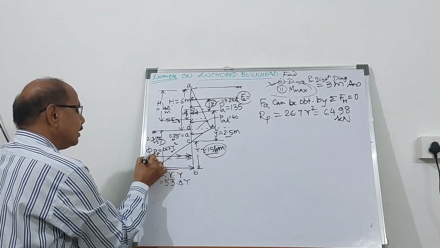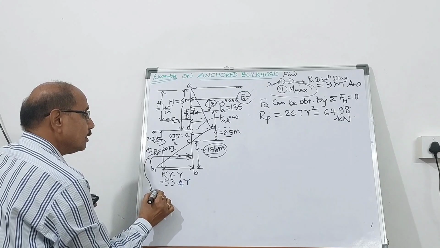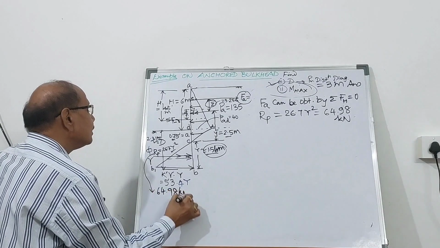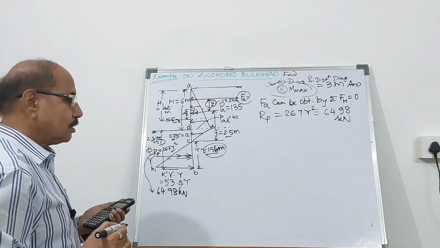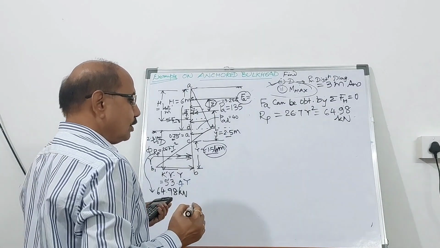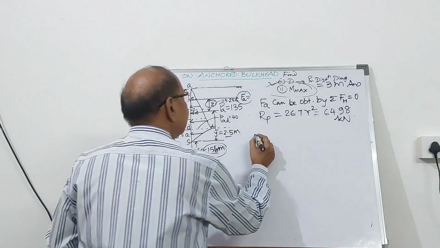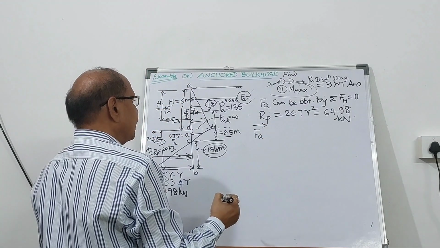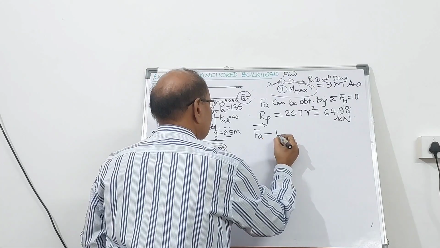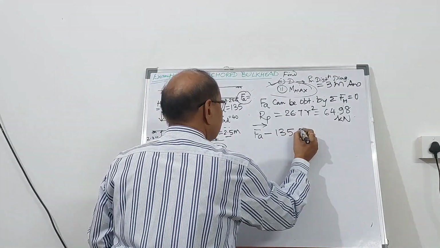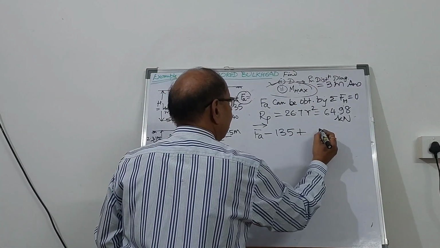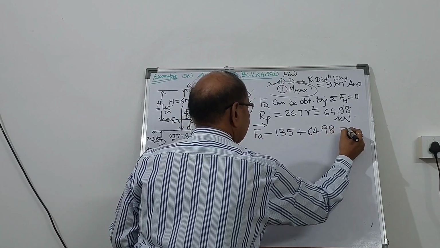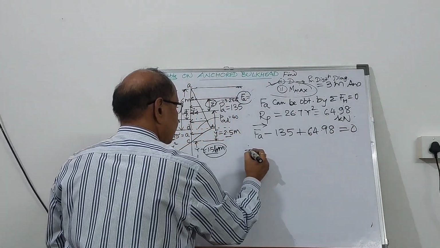So RP is going to be 64.98 kilonewton. So this is known to us, and therefore if I apply this, FA is acting this way, minus 135 plus RP, that is 64.98, must be equal to 0.